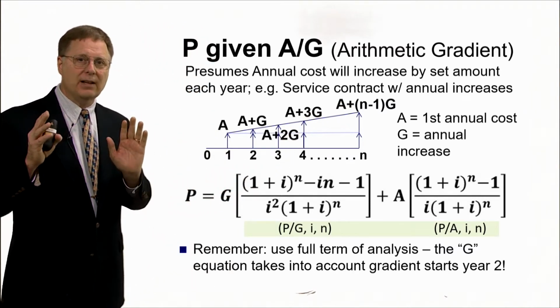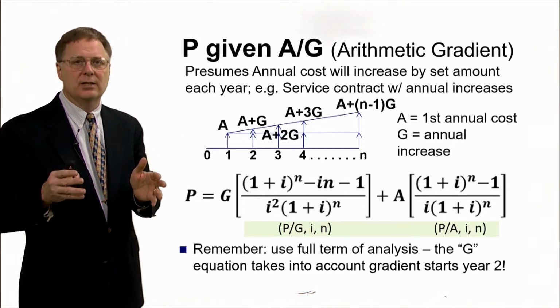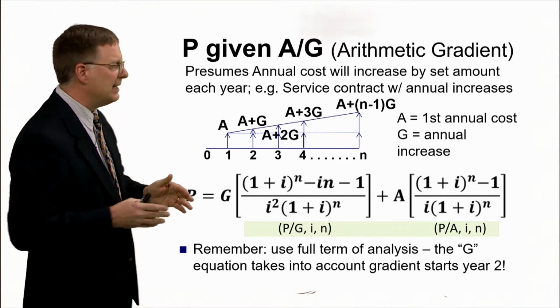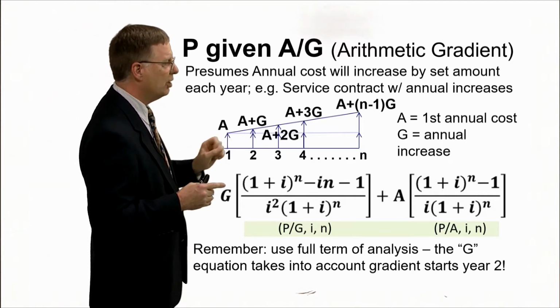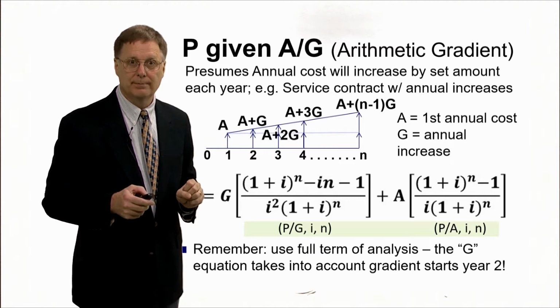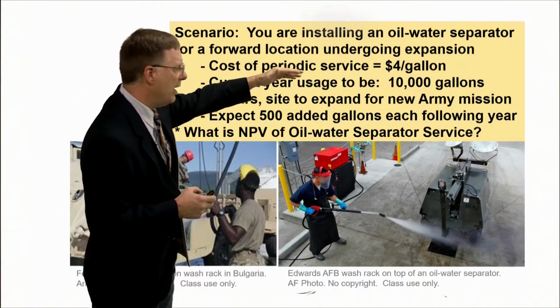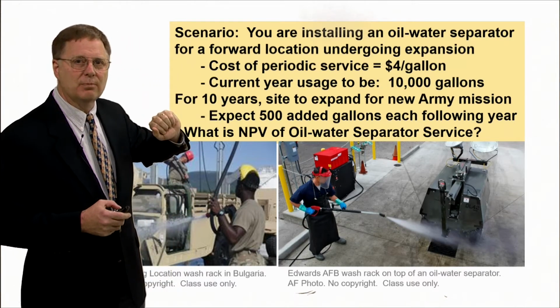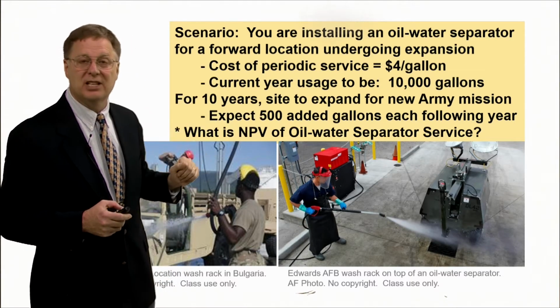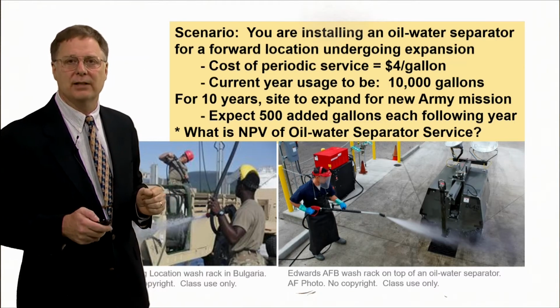Now here's something that often confuses people. When you're looking at these gradients, one of the things you realize is that the first cost that is incurred, the increased cost, doesn't occur until the second year. For example, this oil water separator thing. The first year is going to be 10,000 gallons, but we expect every year thereafter, the second year, third year, fourth year, an additional 500 gallons.